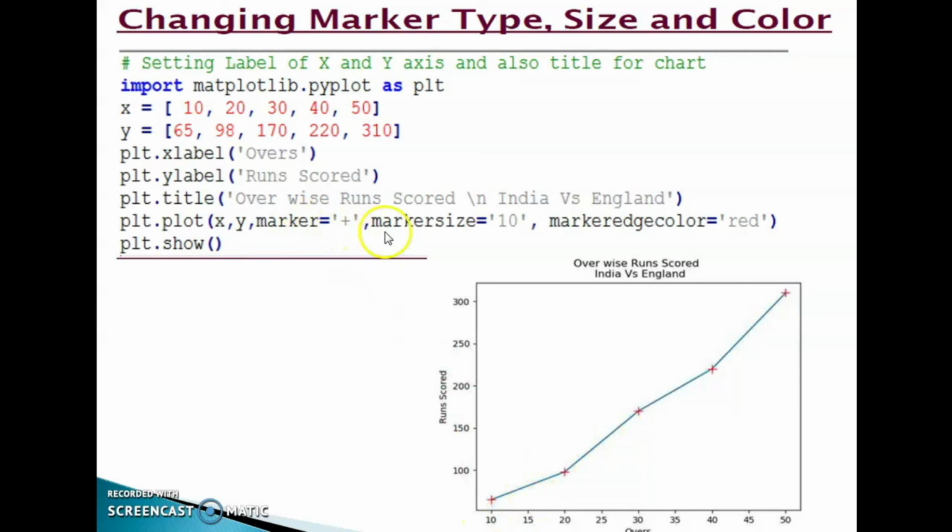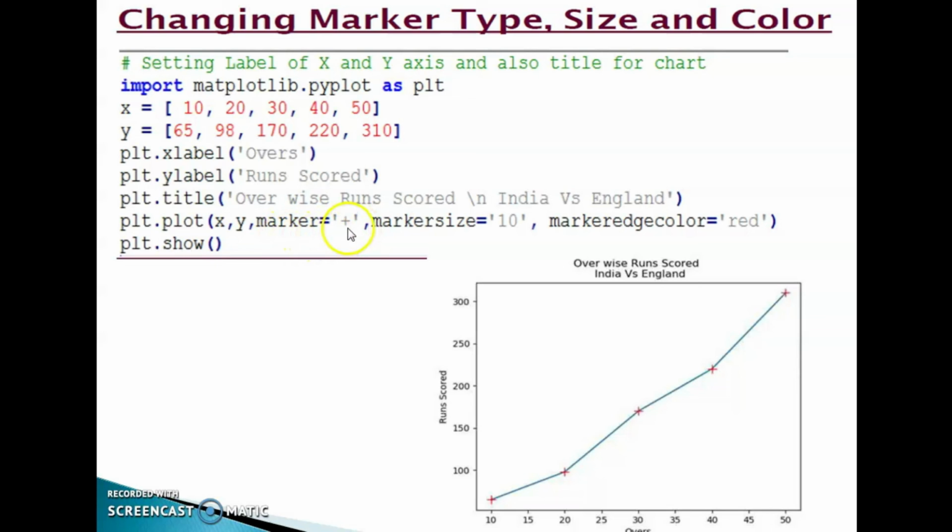Marker is plus. Marker size is equal to 10, that is 10 points. Then marker edge color is equal to red. Any valid color we can give as marker edge color. Check these three attributes: marker, marker size, marker edge color. Marker is equal to plus means plus marker.